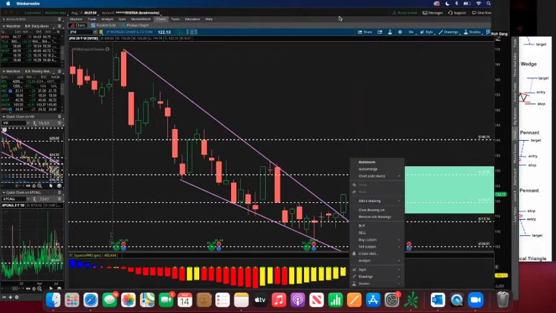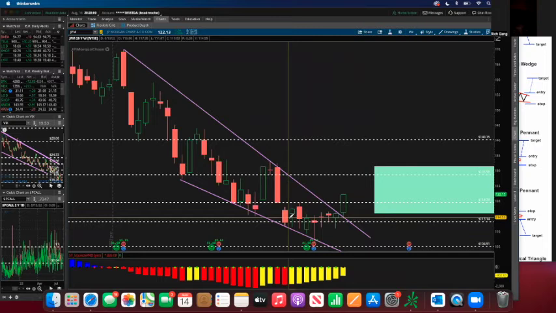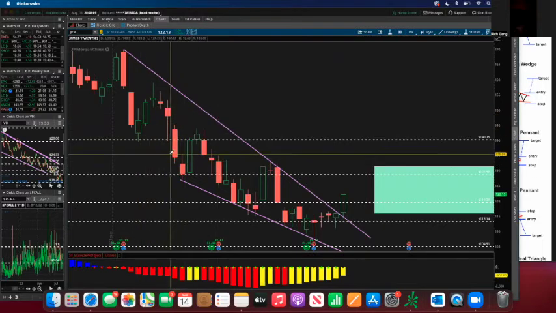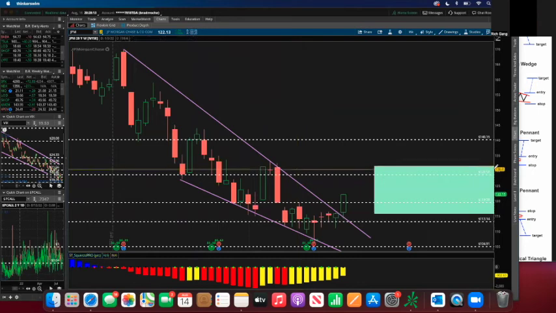You can see there's a consistent trend of lower highs and higher lows.